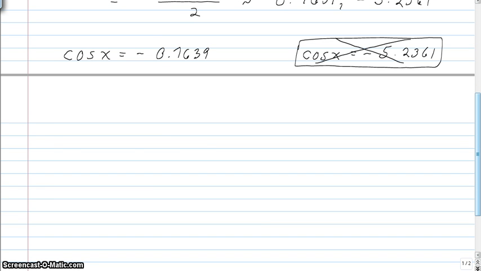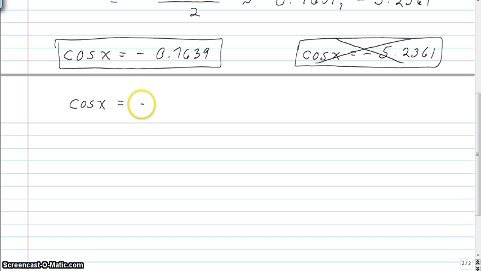However, over here, on this side, we can certainly use an inverse cosine function on a calculator to help us find x. So the way I handle this is I usually, for the moment, just ignore the negative to make sure I get everything right in my calculator.